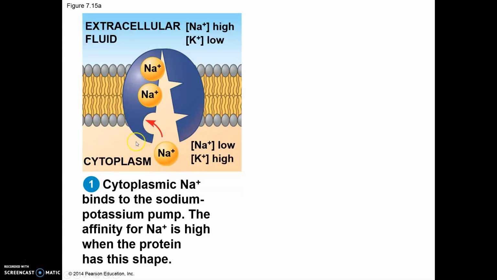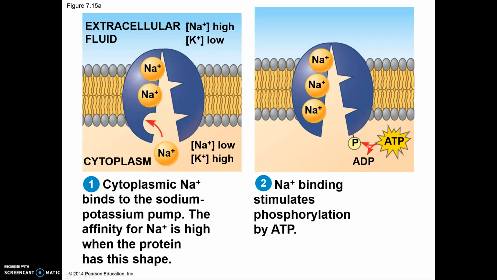Here we have a carrier protein open, and it has very high affinity binding sites for sodium ions. That means it's very likely that sodium ions are going to bind these sites. When that happens, you cause a shift in the protein structure.